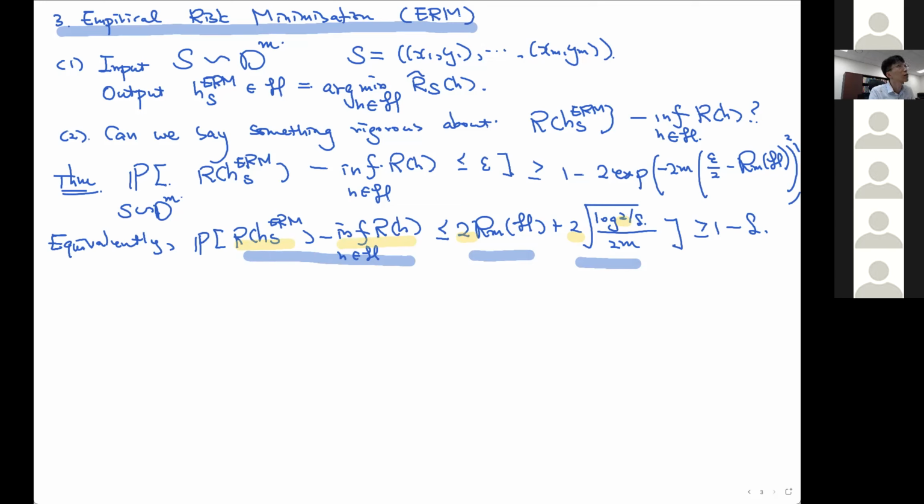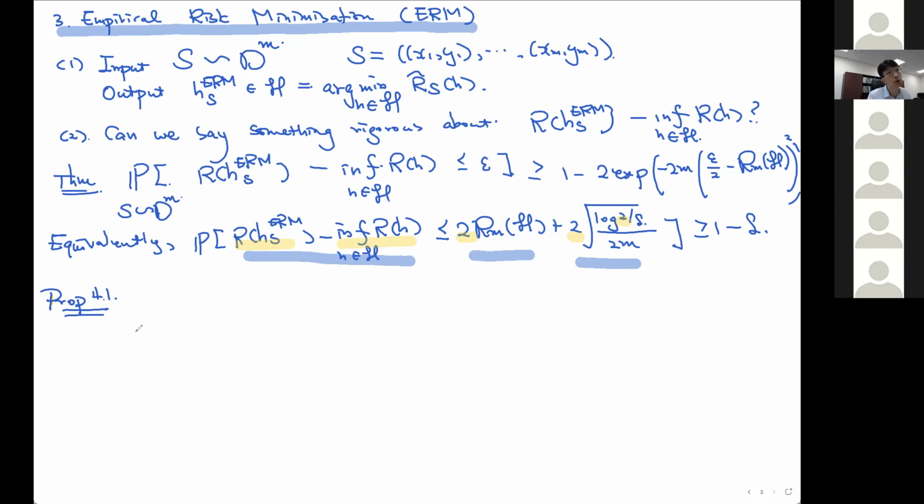Okay. So the textbook gives a result called proposition 4.1. If we use this proposition 4.1, then we can prove this theorem.